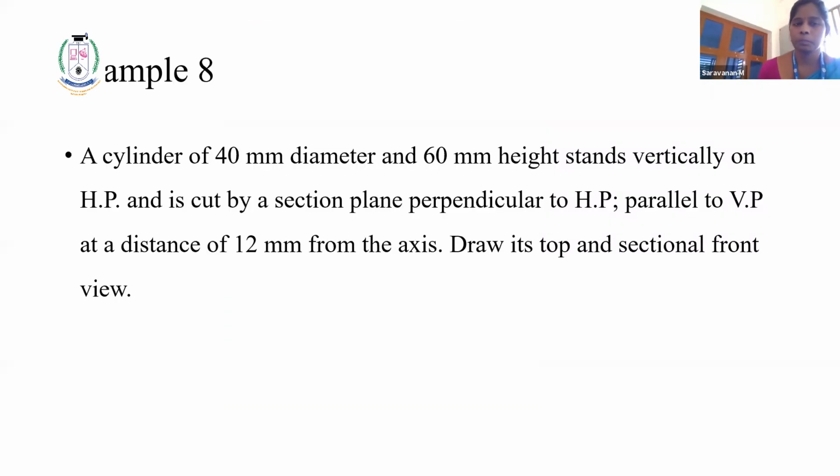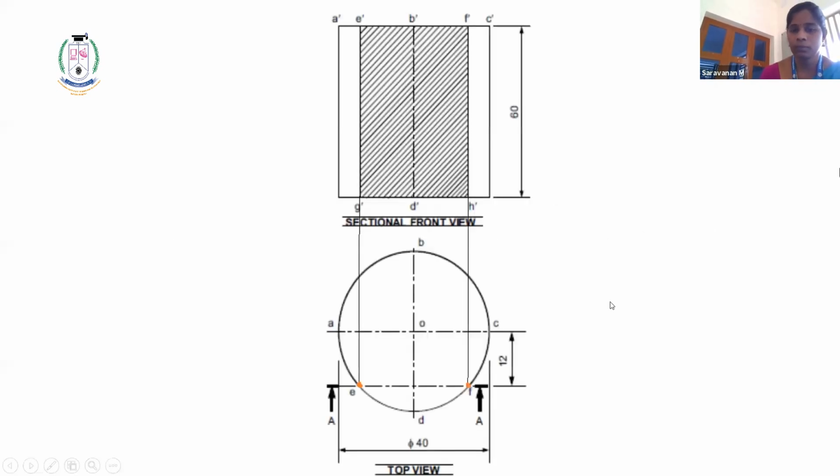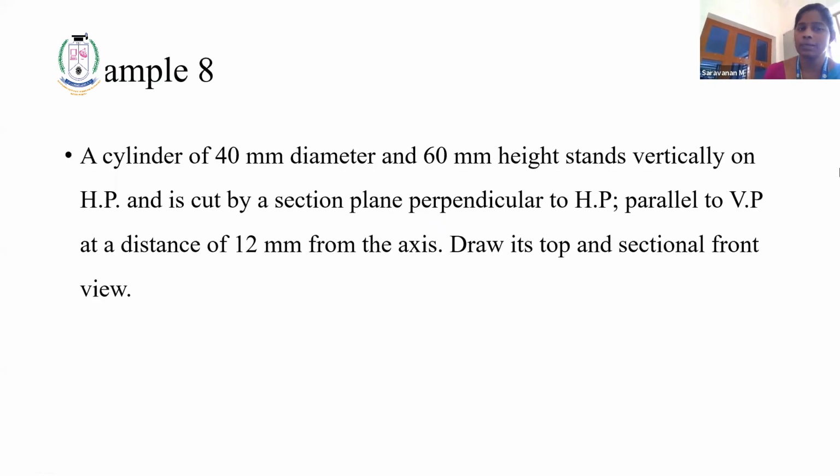So next condition. A cylinder of 40 mm diameter and 60 mm height stands vertically on HP and it is cut by a sectional plane perpendicular to HP and parallel to VP at a distance of 12 mm from the axis. Draw the top view and sectional front view. So what is given? A cylinder.